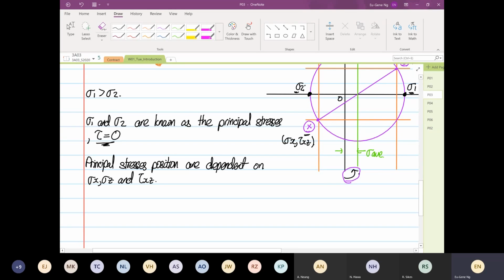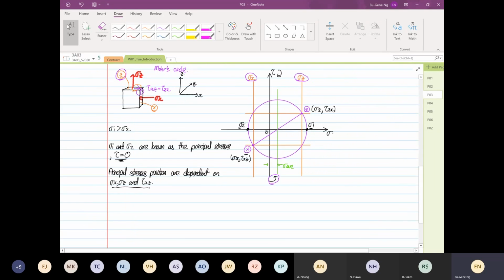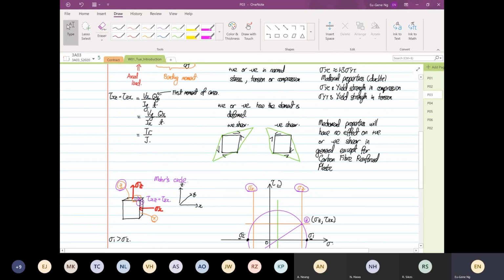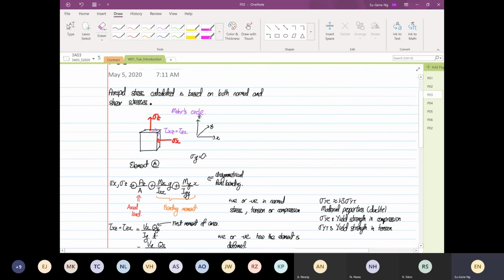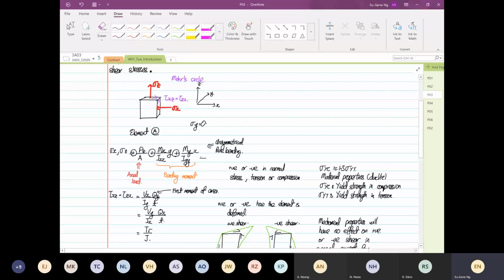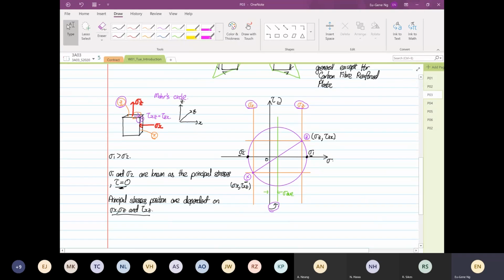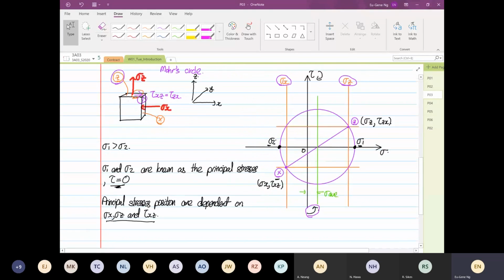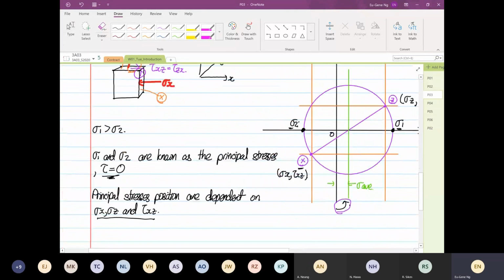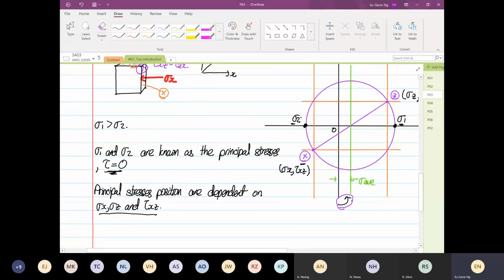So these 3 stress magnitudes are under the load of what? Of bending moment, and under what? Shearing stress. And we could somehow normalize them in our principal plane or our principal stresses such that the shear stress is equal to 0.